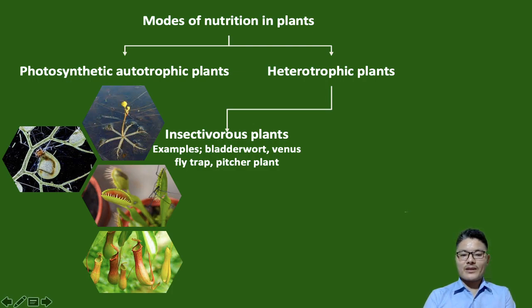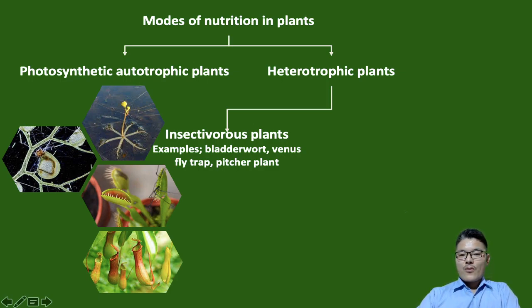So the jug-like shape of pitcher plant usually allows the insects to enter inside. Insects usually look for nectar or pollen. Once they enter inside the pitcher-like structure, there is closure of the lid of the pitcher plant, and in a way the pitcher plant will be getting nutrition after the digestion of insects with the help of strong enzymes.